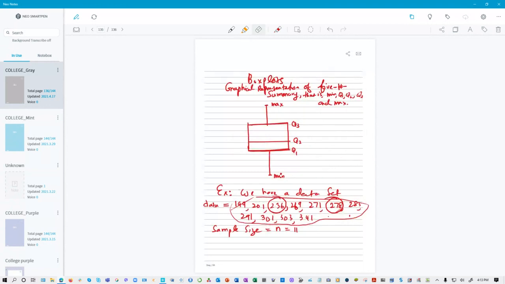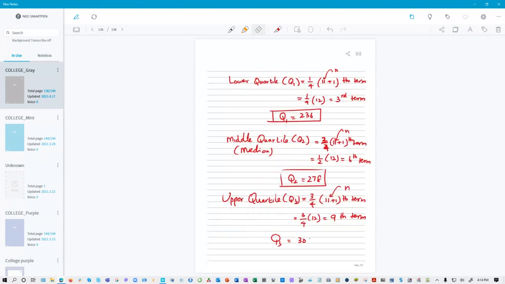We count 1, 2, 3, 4, 5, 6, 7, 8, 9. 301. Q3 would be 301.